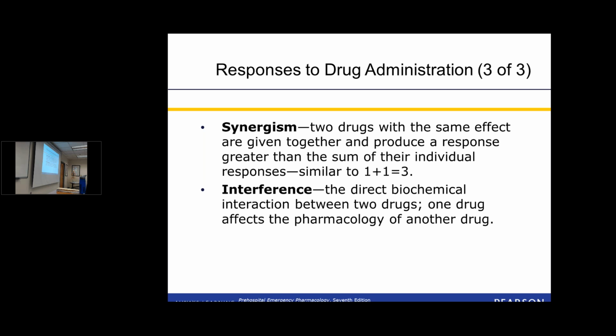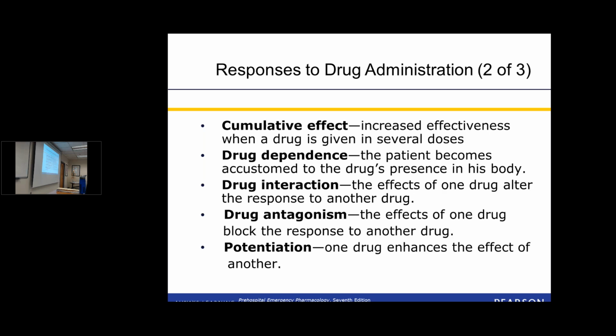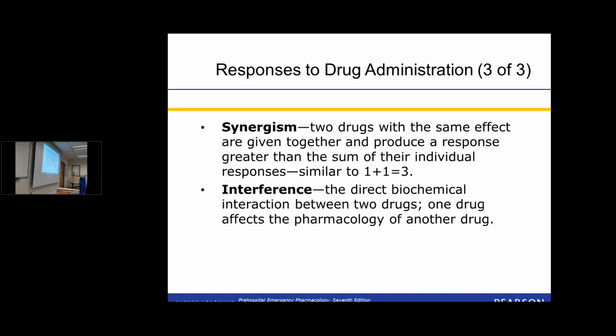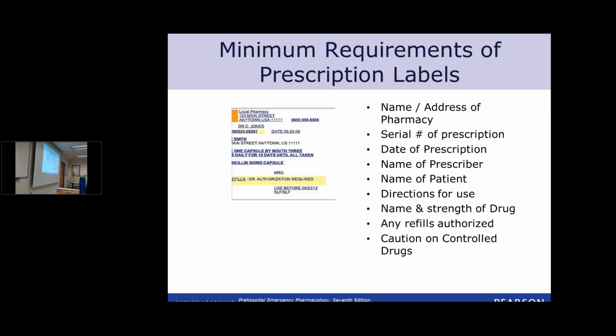Interference, the direct biochemical interaction between two drugs. One drug affects the pharmacology of another drug. And again, that interference goes back to drug interaction. The one that I want you to remember the most, though, is this right here. On any given prescription bottle that's out there, it should have this as a minimum.